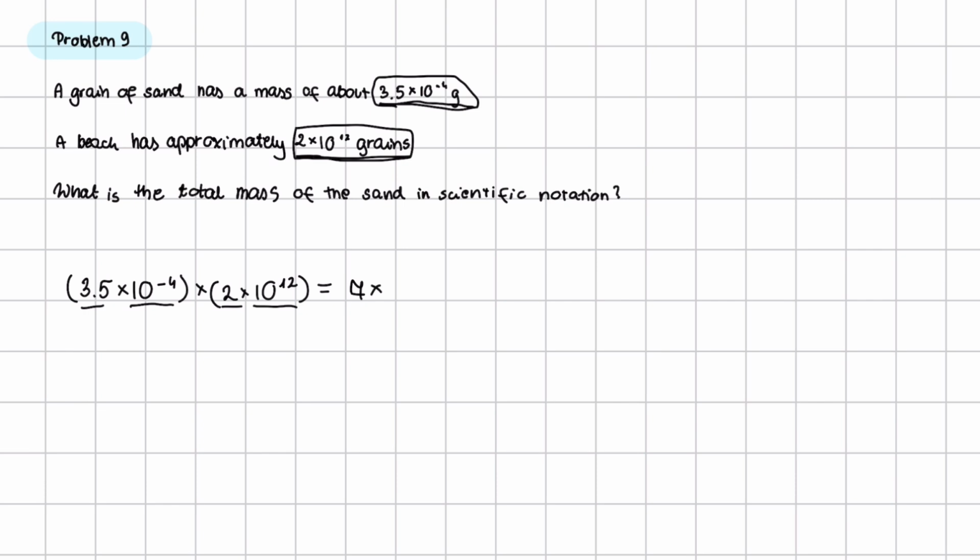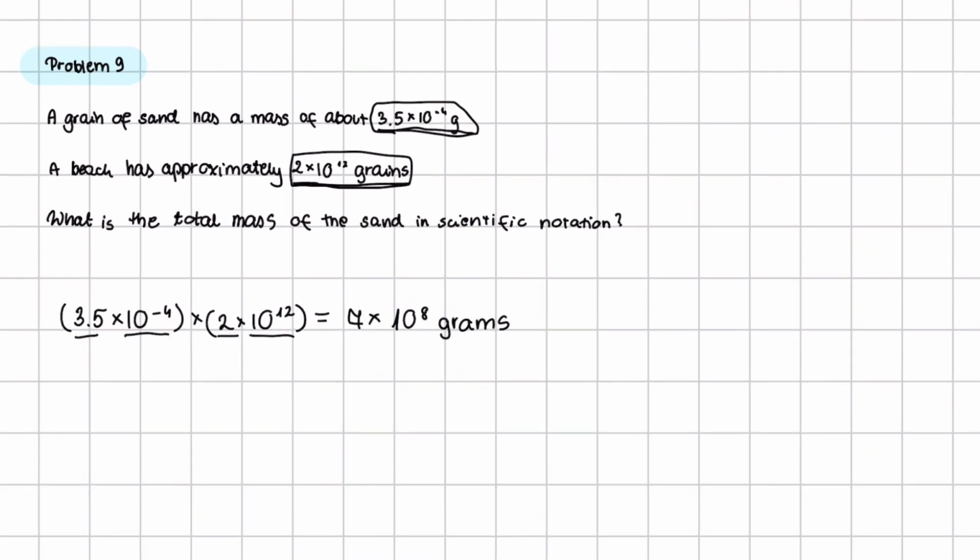And we know if we are multiplying the same numbers with different powers, we are just adding these powers. So minus 4 plus 12 equals 10 to the power of 8, and unit is grams. And that's all for this topic.